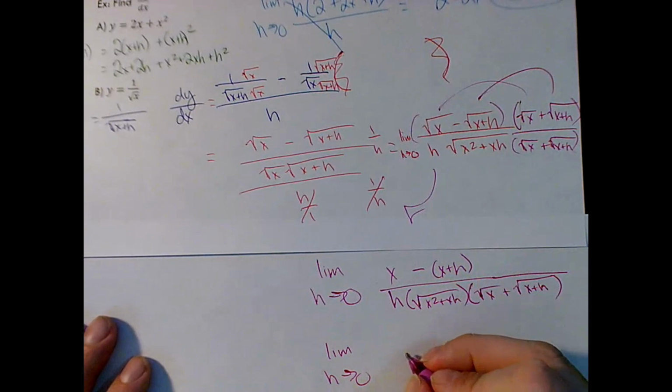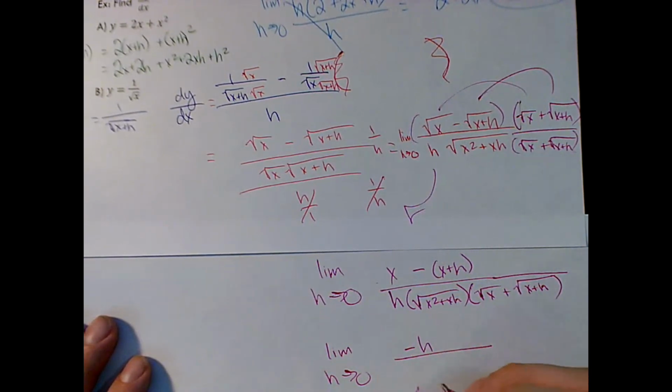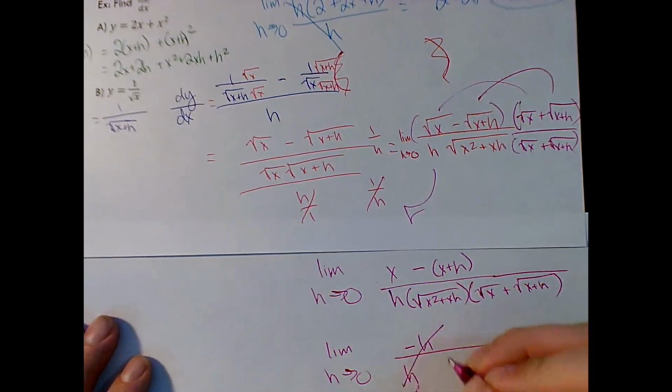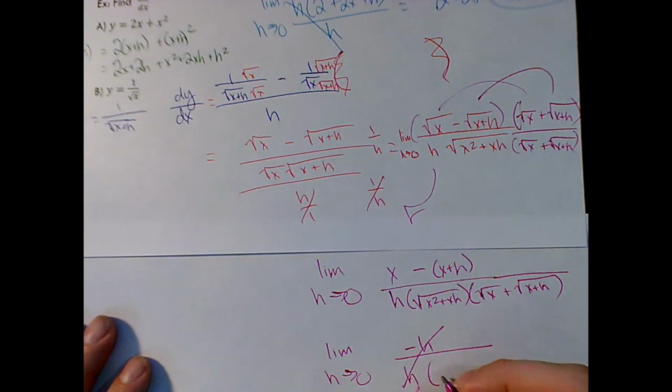X minus x goes away, negative h is left over h, that's nice. That becomes x squared plus xh under the root. That, oh, not yet, we're not there yet. Root x plus h.